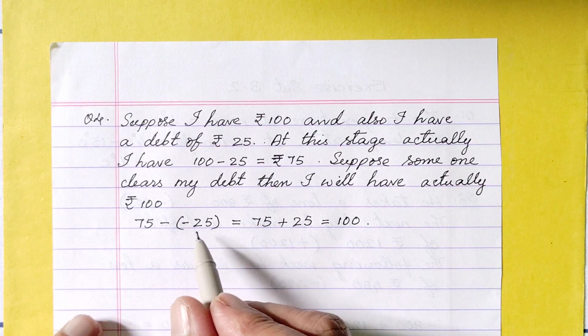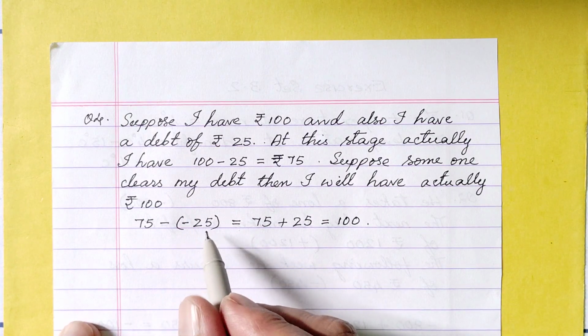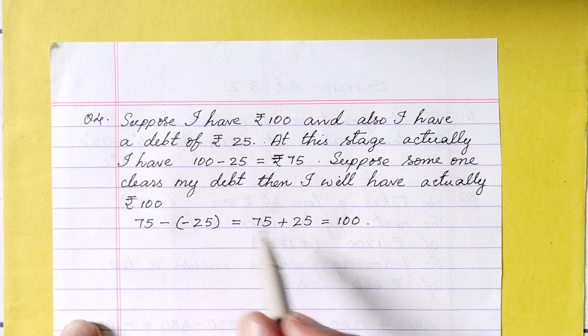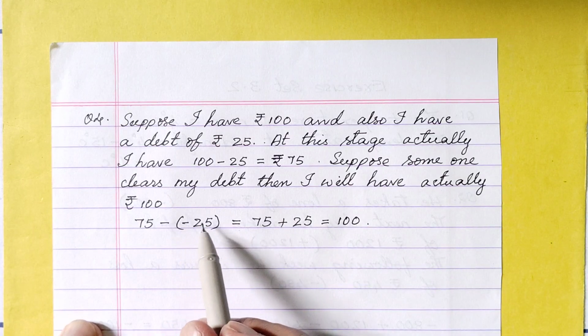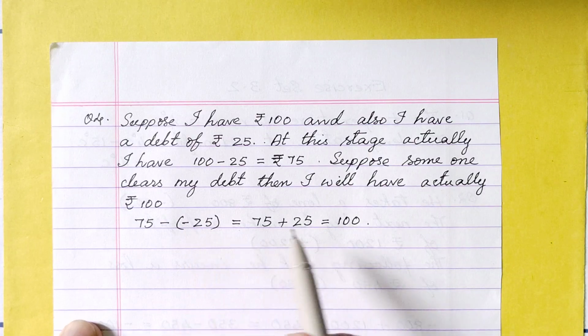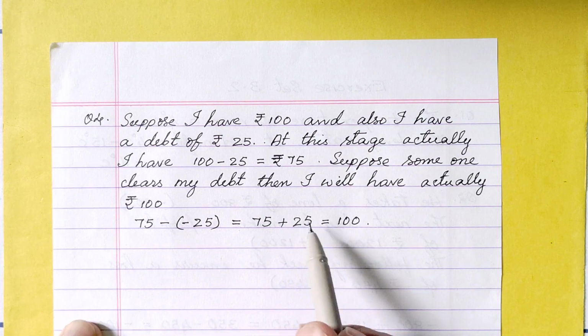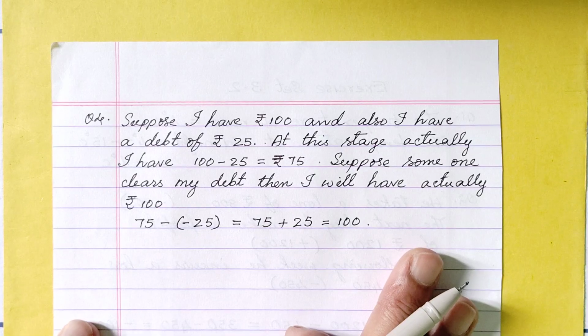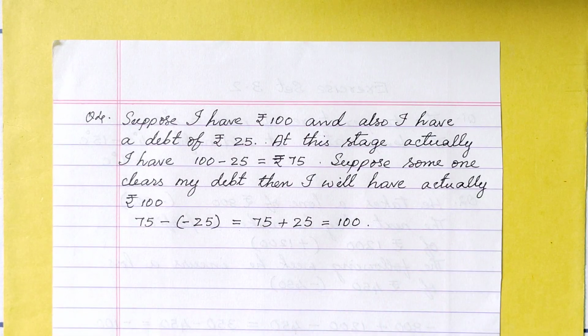So here subtracting a negative number is actually adding a positive number. Here we are subtracting minus 25. It is actually adding plus 25 to it. So the fourth question has been solved there.